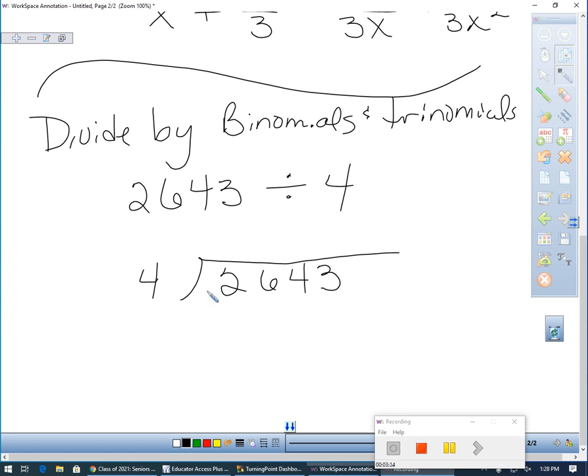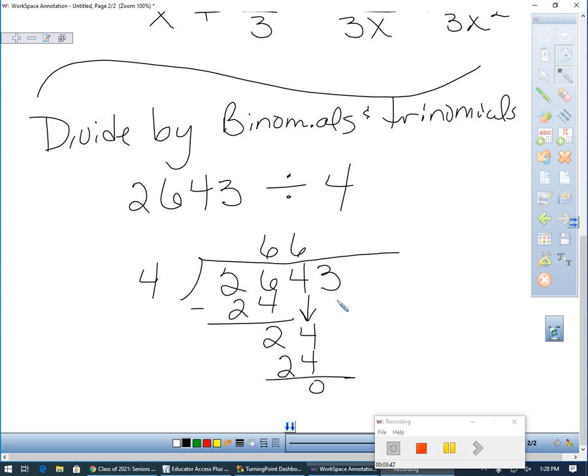Correct. 4 goes into 26 6 times. Then we multiply 6 times 4 is 24. We draw a line and we subtract these. We get 2. Then we bring down the next number. 4 goes into 24 6 times. 6 times 4 is 24.